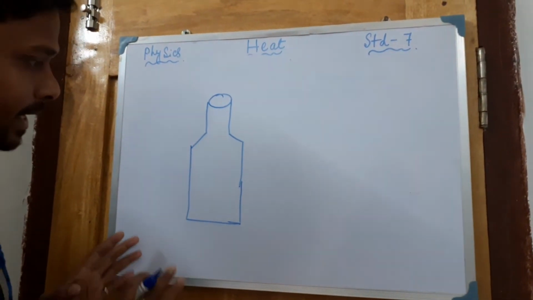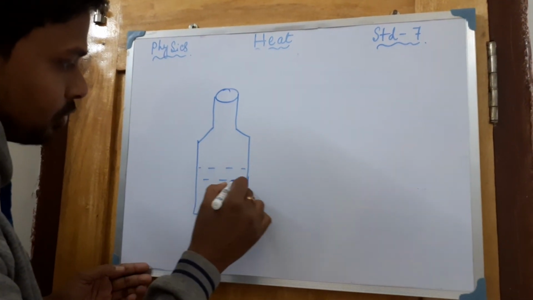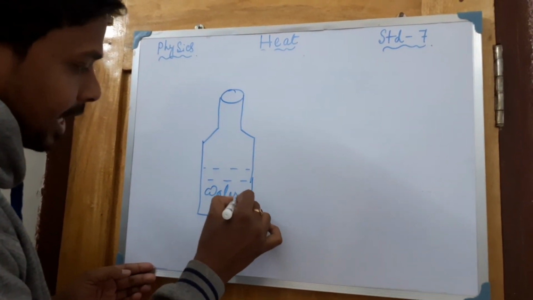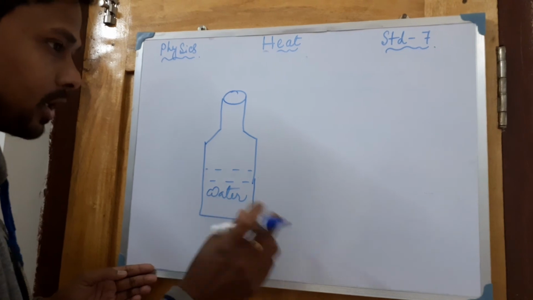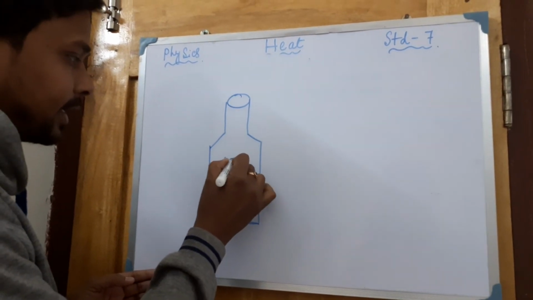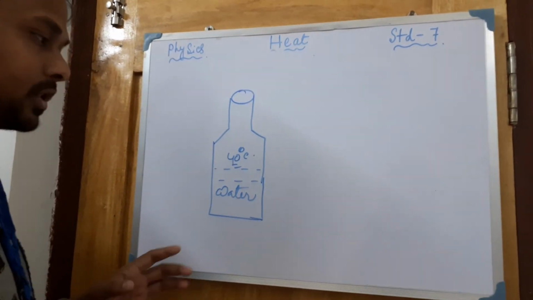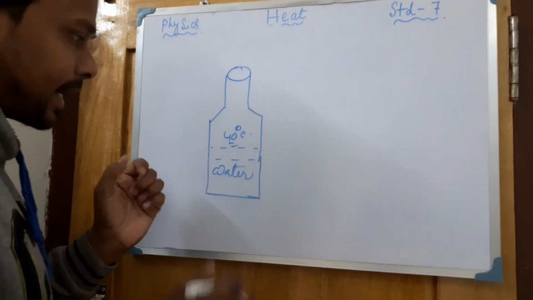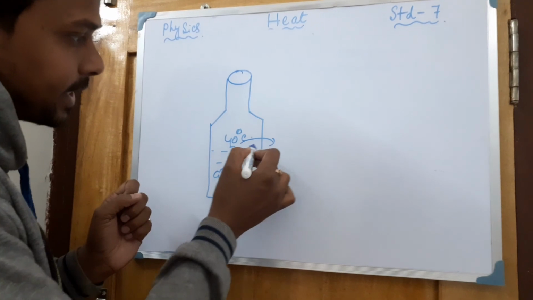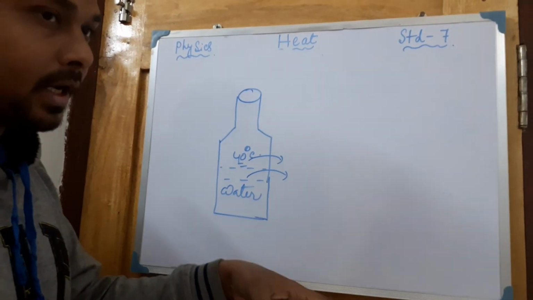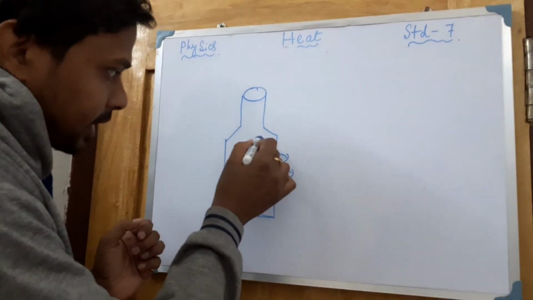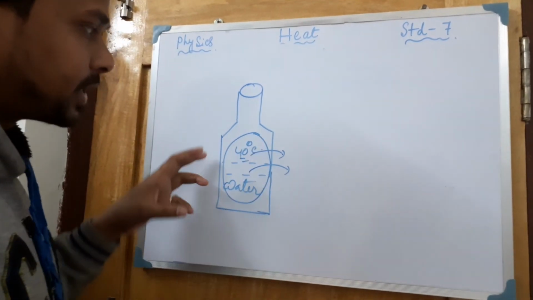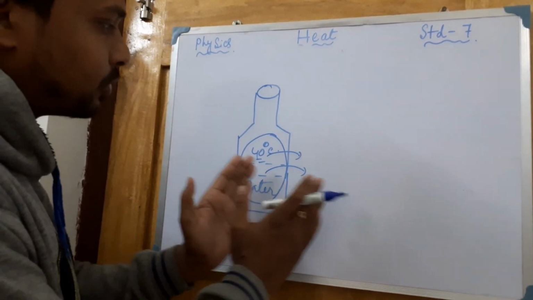Suppose you are taking some amount of warm water inside, maybe 40 degrees centigrade, which is slightly warmer than normal. If this temperature is not getting any path to flow outside, then what will happen? The temperature will remain constant inside this flask and the heat will not go outside.